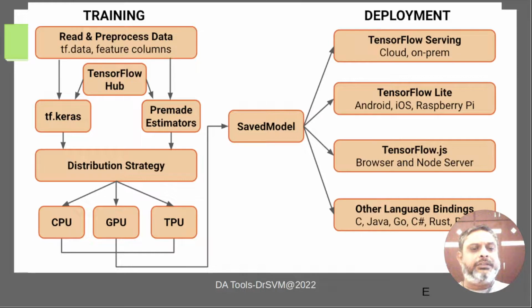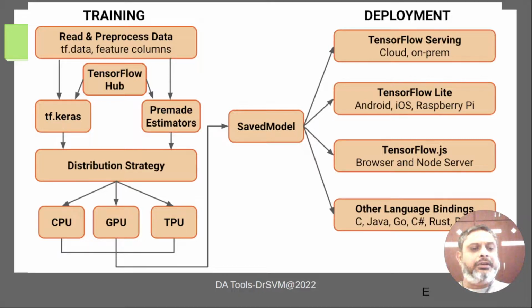Then the distribution strategy is taken care of by TensorFlow, and the process activity is distributed among CPU, GPU, and TPU, depending on whatever is available.